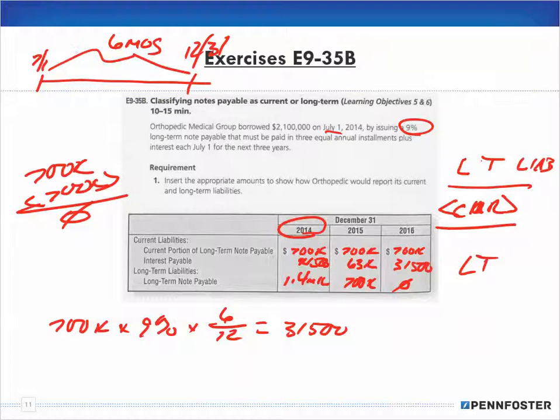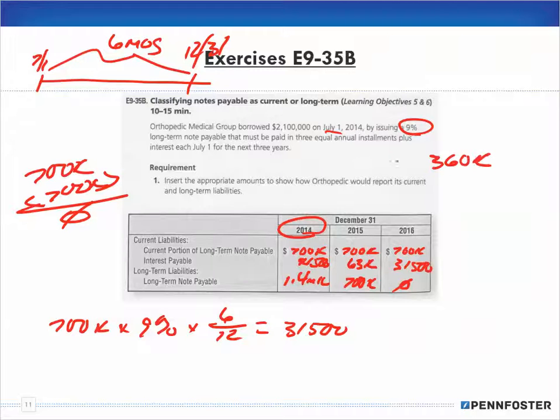They're showing it in this fashion here, but just as a quick example, say I have a $360,000 mortgage payable, so that's long-term.